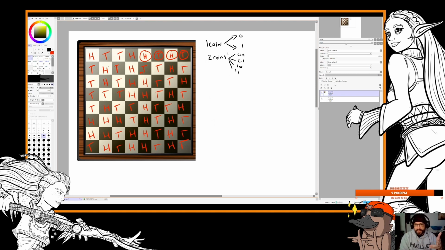Obviously with 3 coins, you can go even further. So how many coins do I need to have information about 64 squares? And the answer is 6. I need 6 coins to get 64 squares.